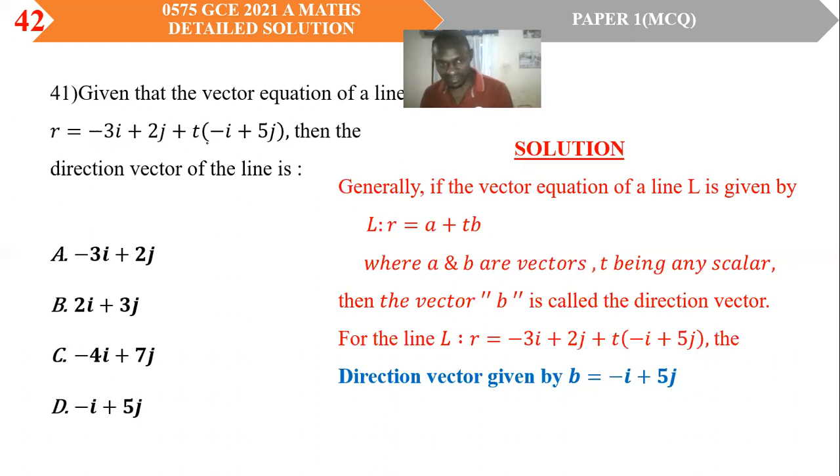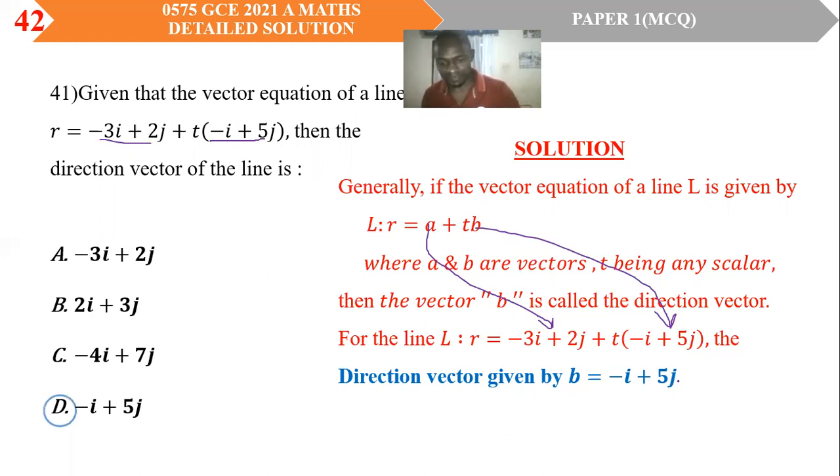In this case, this is the vector B, and this is the vector A. So the direction vector is given by B equal to negative i plus 5j.